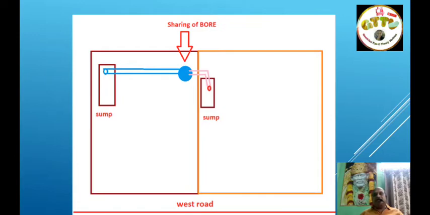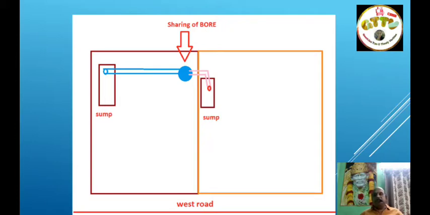See the example in this. This particular person has a bore in this position and he is taking the water, and this particular person is also sharing the water. Why this happened is that it was a common plot before.